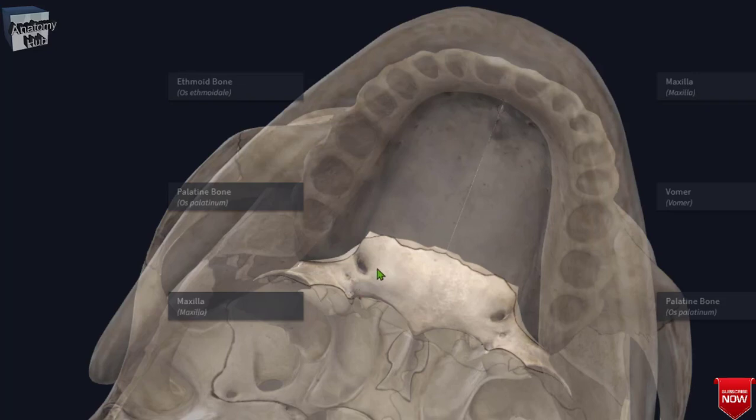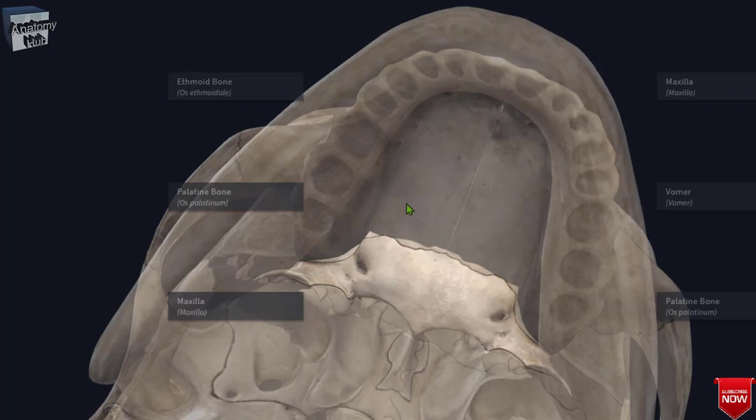The greater palatine foramen that you can observe here is a small opening in the horizontal plate of the palatine bone, and it serves as a passage for the greater palatine nerve that is coming out from the greater palatine canal into the oral cavity.